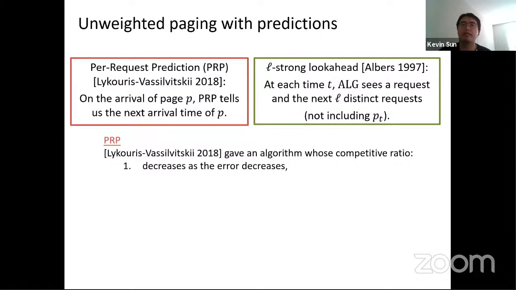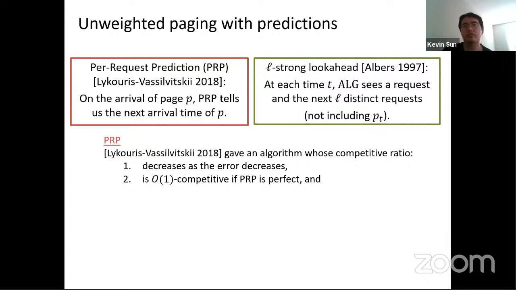First, as the error in the prediction decreases, for some suitably defined measurement of how good the prediction is, their competitive ratio gets better. Second, if the error is 0, so the predictions are always completely correct, then this is constant competitive.